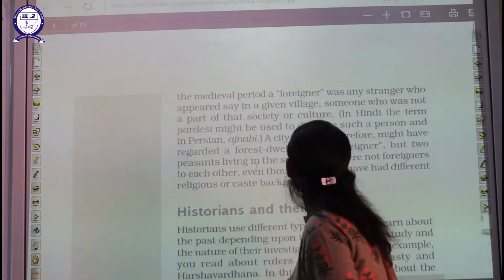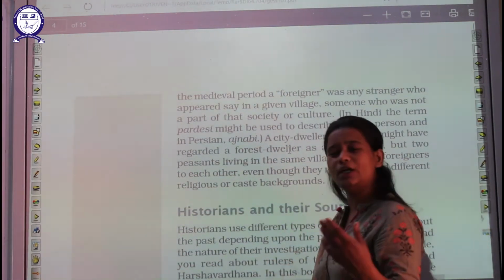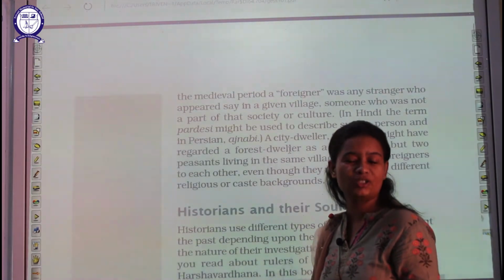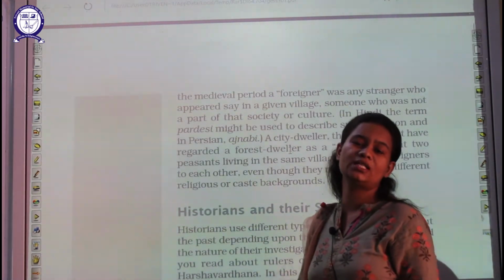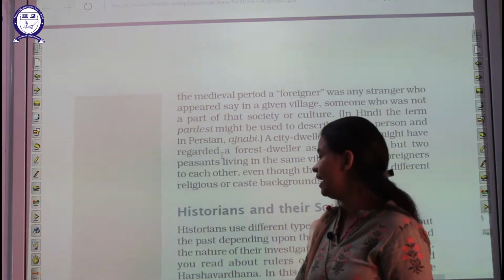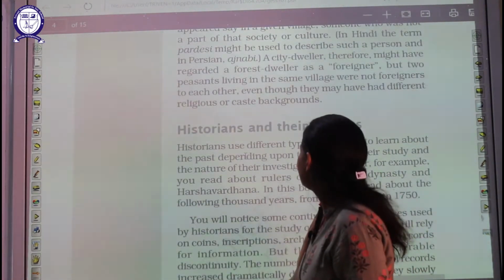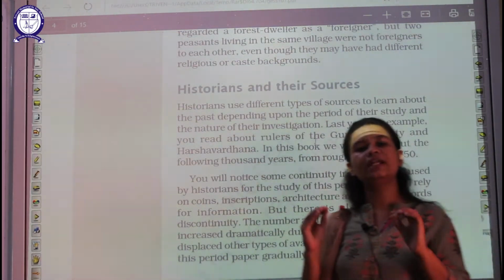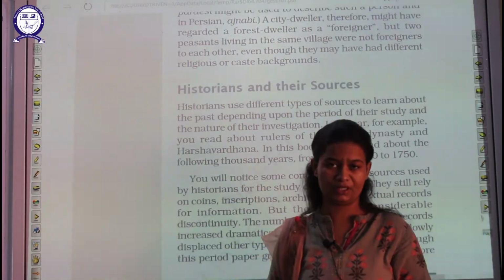And thereafter, students, mostly in order to describe these terminologies, various languages are used, as I told you in the case of maps also, like the Arabic language or the Persian language. Then comes historians and their sources, a very important topic of this chapter.